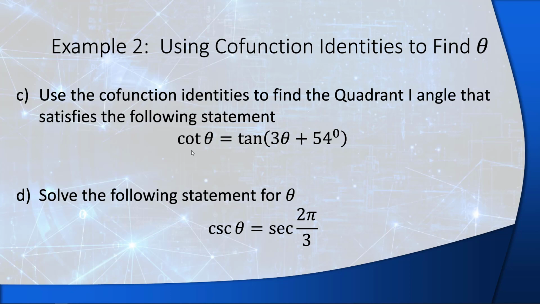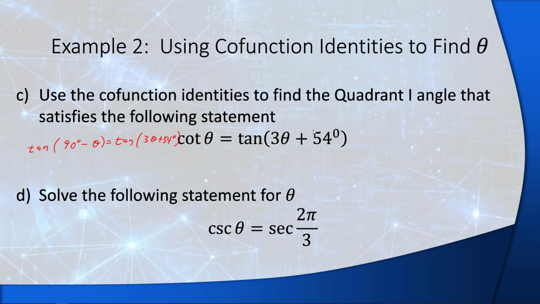Okay, now remember, the cotangent of theta will always be equal to its cofunction, which is tangent, evaluated at its complement, which will be 90 degrees minus theta. And of course, that will have to be equal to tangent of 3 theta plus 54 degrees.